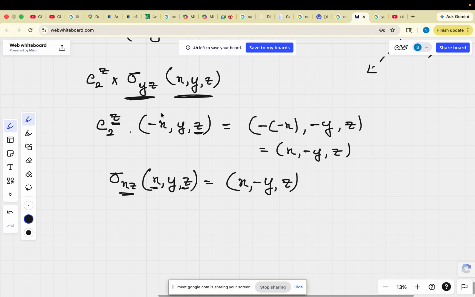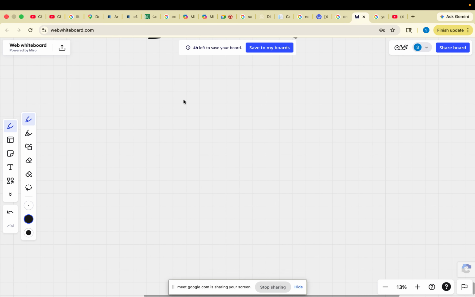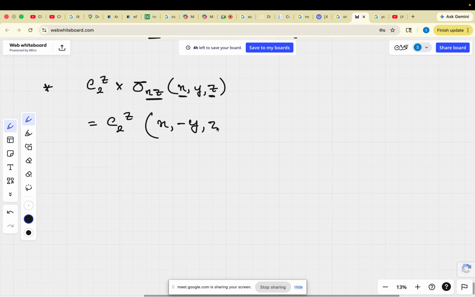Now I am doing something. So suppose you have this C2z into sigma xz of x y z. So you have xz, so x and z no need to change, so write down simply x comma minus y comma z.